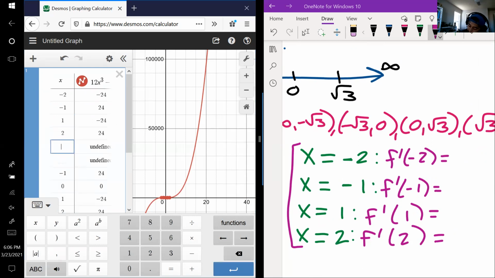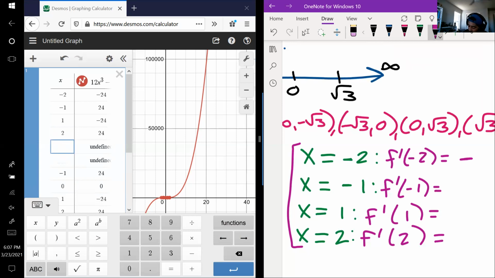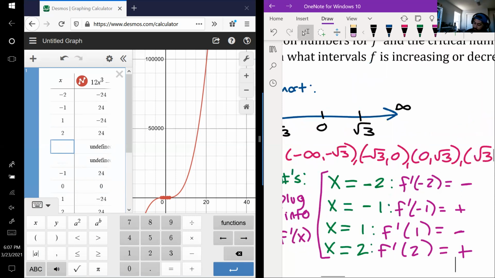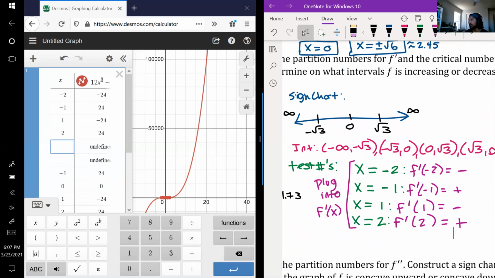Okay. Once again, we don't care about the number. We only care about the sign. So it looks like we have negative, positive, negative, positive. Remember that the first derivative only deals with increasing or decreasing. If we're negative, we are decreasing.